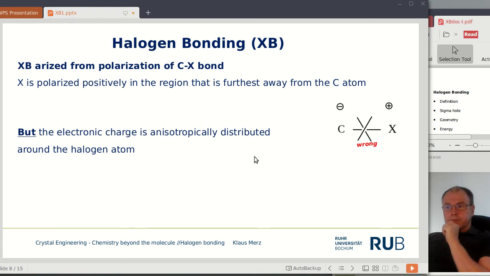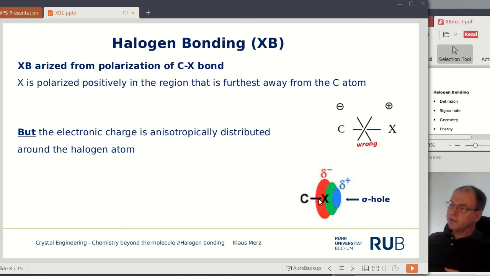Have a look. The electronic charge is anisotropically distributed around the halogen atom. This is the explanation. If you look at the X, in this case it is an isotropic distribution, meaning this is positive, and this is wrong. We have an anisotropic distribution, something like this. You see it here.